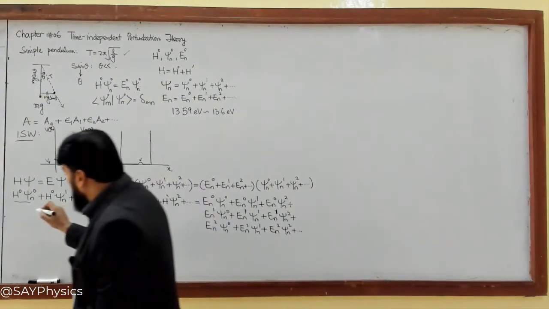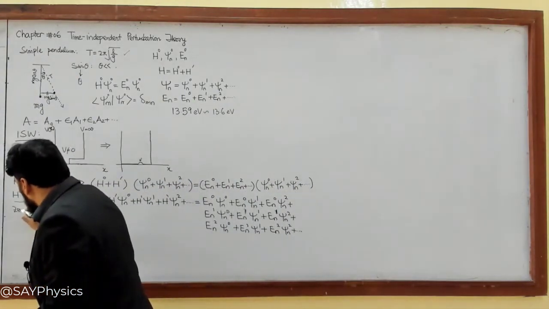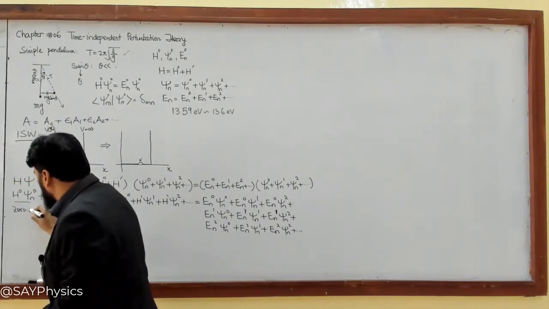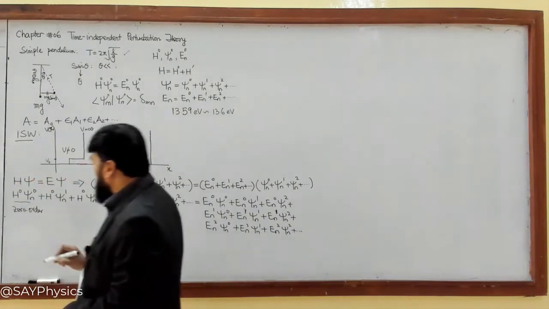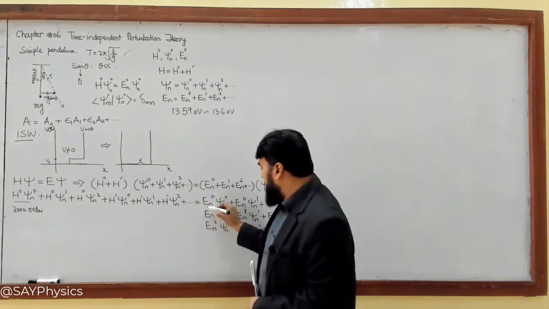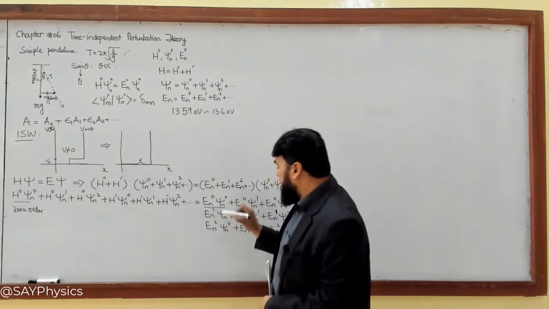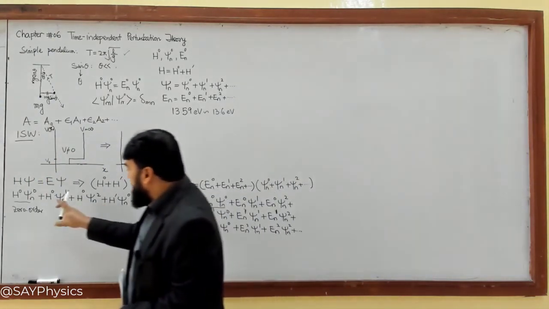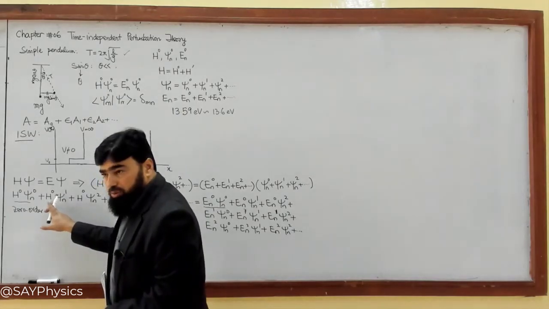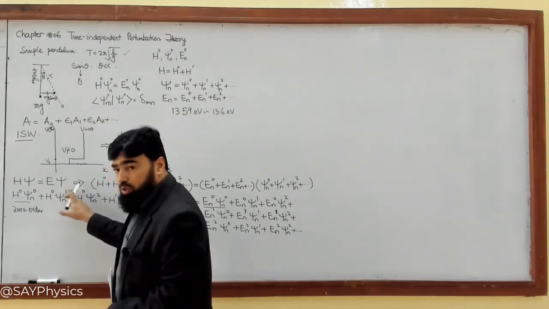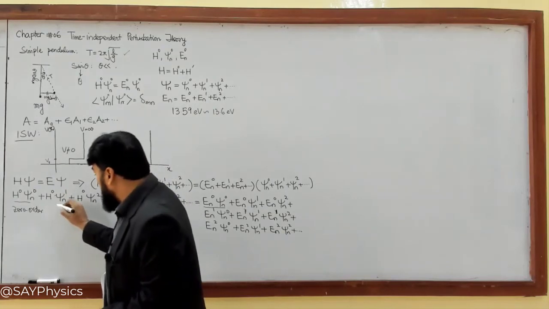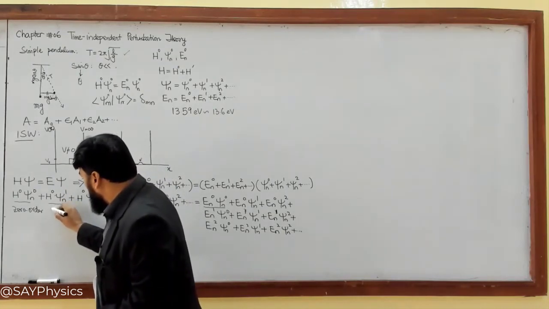This one is zero order, and here as well. And if I look here, this is H0, but psi n is 1, so this is first order.